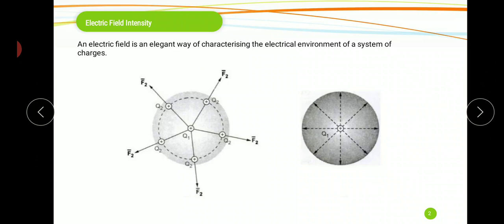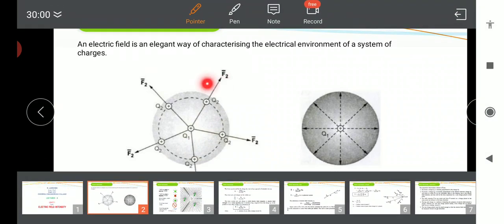Now in this figure, here is the space or electric field developed by the positive charge Q1. Now let us assume another positive charge Q2 placed, for example, here.